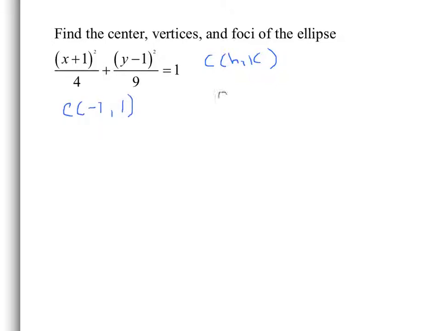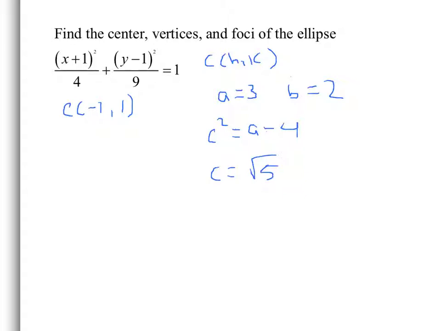Well, I know a is 3 and b is 2. So then I know c squared equals 9 minus 4, so c is the square root of 5.